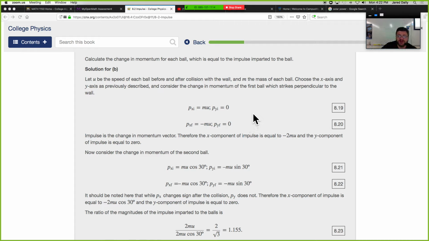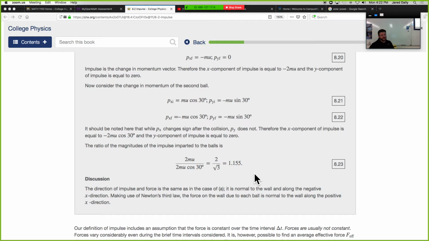So if we actually do the math here, we take the final momentum minus the initial momentum. Then we're taking this one and subtracting this one, so we get negative 2 times m u for the first half as the change in momentum. When we do the same thing here, we get negative m u minus m u, which is negative 2 times m u cosine 30.